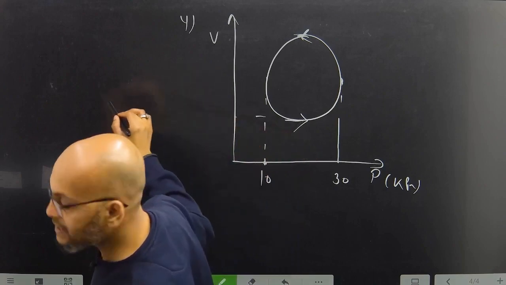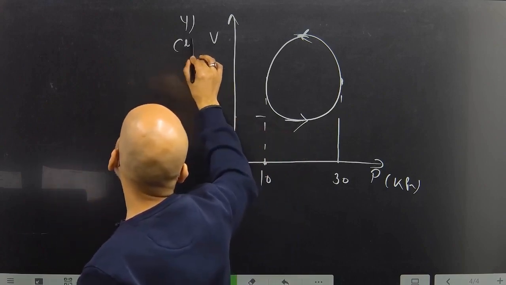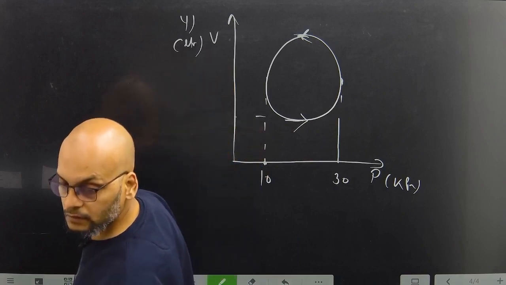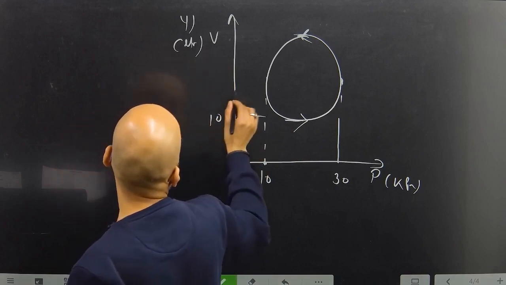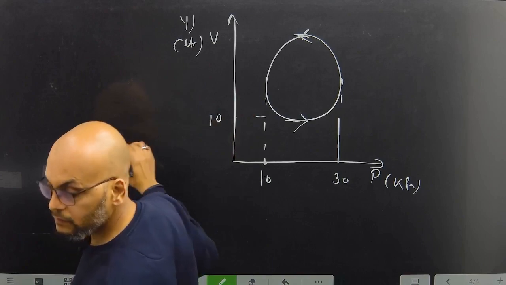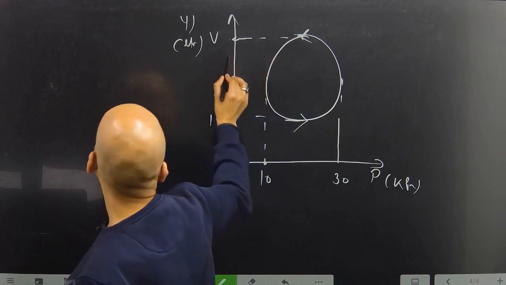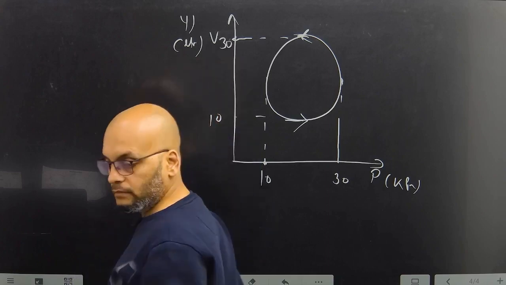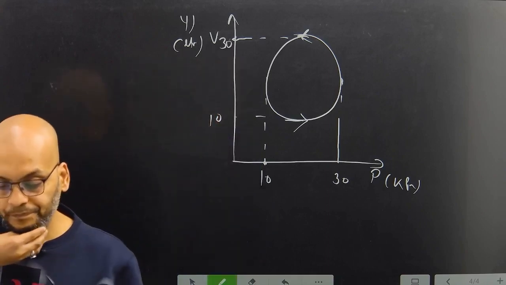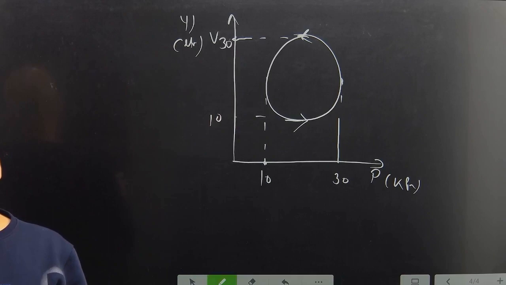And volume is in liters. This is 10, this is 30. Okay. So they are asking you the heat energy absorbed by the system.